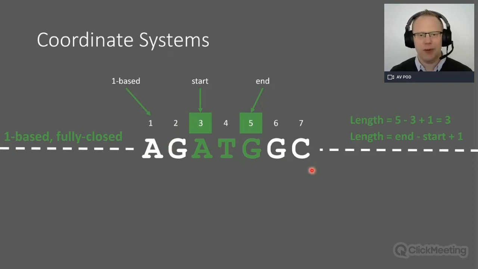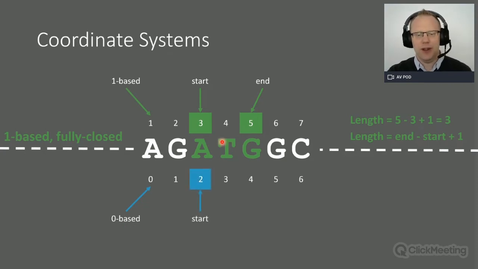Now, this type of coordinate system is called the one-base fully closed system. Fully closed being that the coordinates used to describe the feature, the start and the end, are included within the feature itself. Now, there's another system that's used, which starts numbering the bases at 0 and numbers the rest sequentially up to 6. And this is called a zero-based coordinate system. And in this system here, the start and the end coordinates are slightly different.